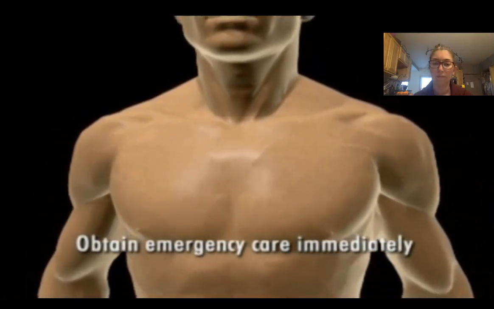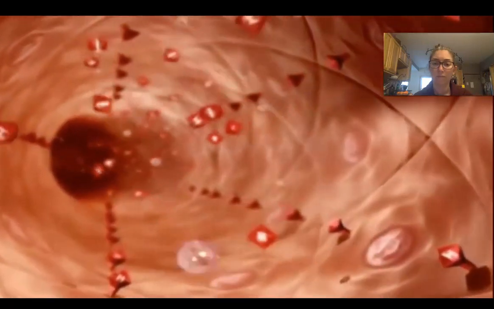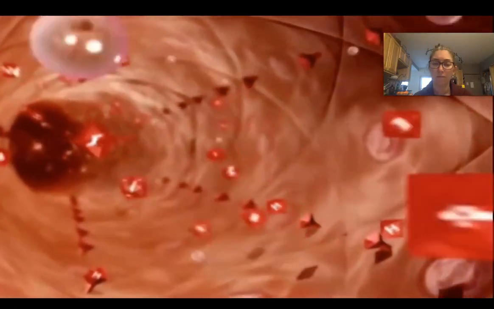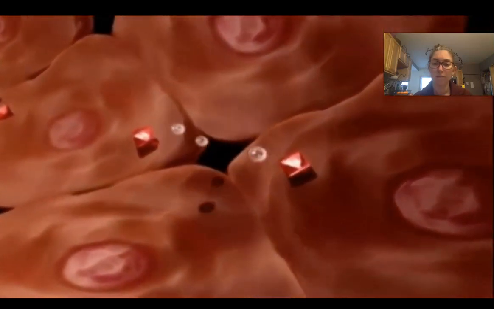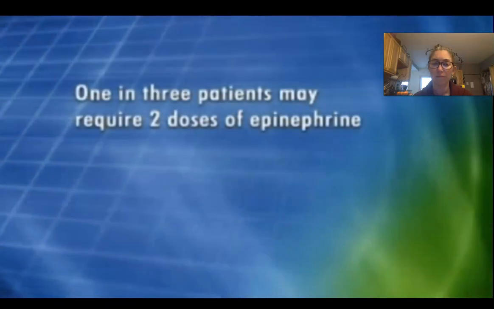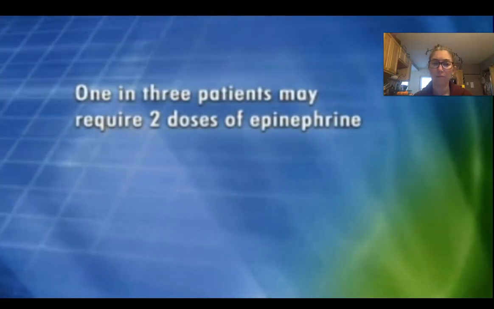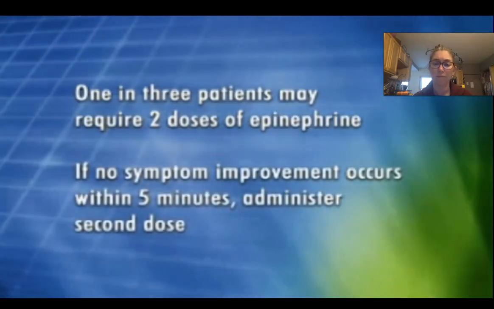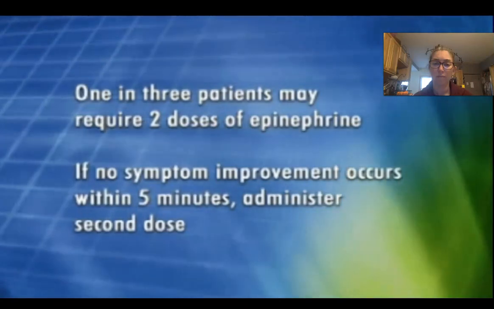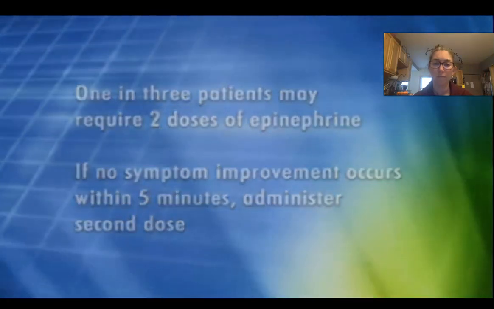However, in some cases, the continued flow of mediators prolongs the pathophysiological effects or produces a relapse of the anaphylactic state. A single dose of epinephrine is not enough to reverse reactions in these cases. Patients should be advised that if symptoms have not improved within about 5 minutes after the first injection, a second dose is indicated.